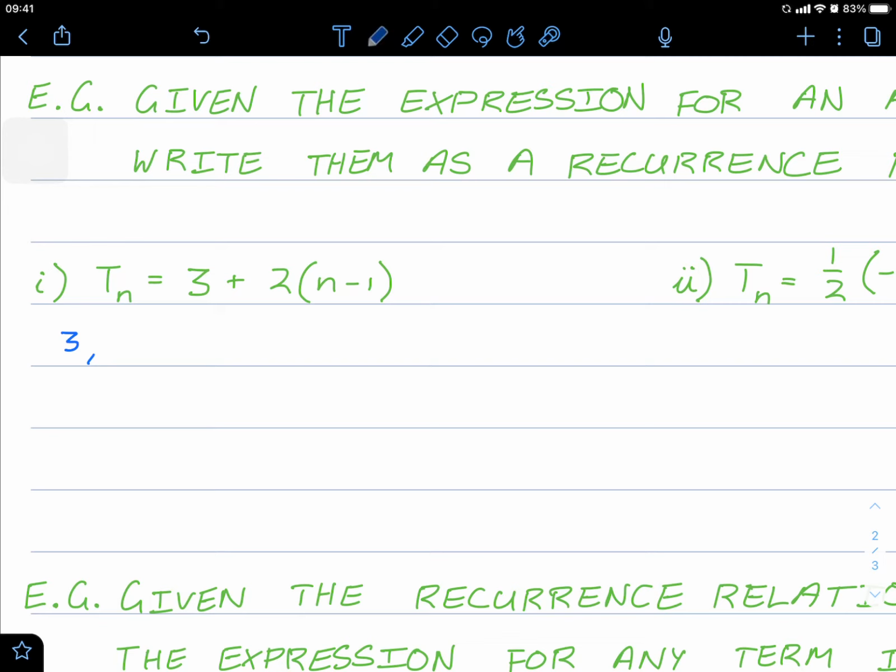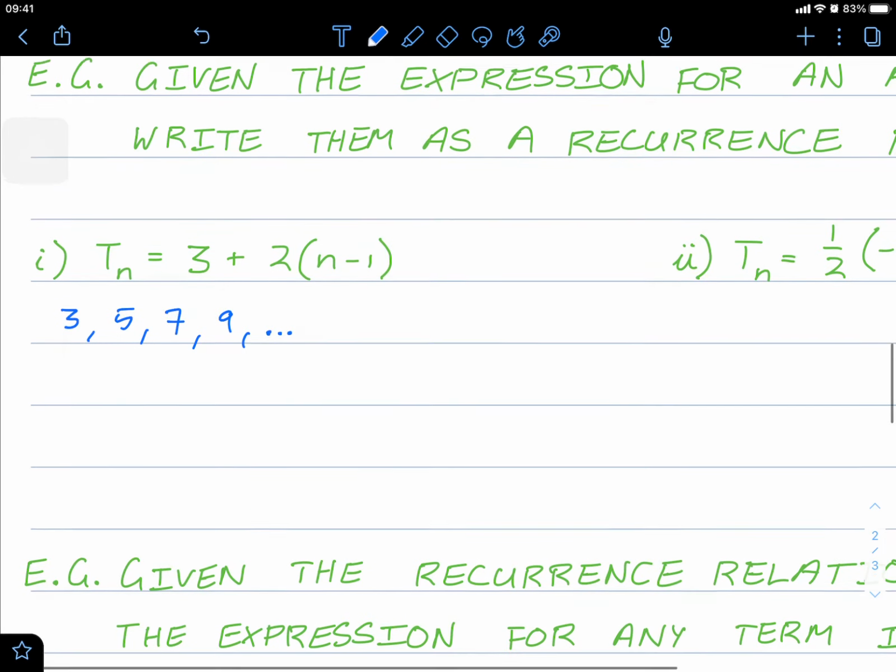The next term, substituting 2: 2 minus 1 is 1, 2 times 1 is 2, plus 3 is 5. And I'm sure you can already see that it's going to increase by 2 because the common difference is 2. So 3, 5, 7, 9, dot, dot, dot.